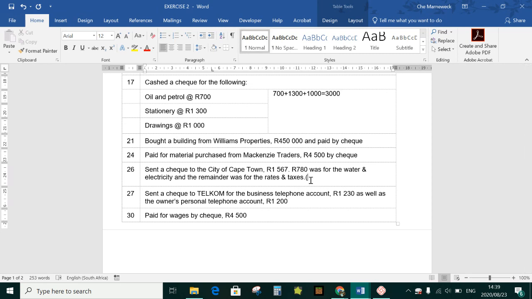So to work out the remainder, we're going to say 1,567 Rand minus 780, and that will equal 787 Rand. So 780 is for water and electricity, 787 is for rates and taxes.